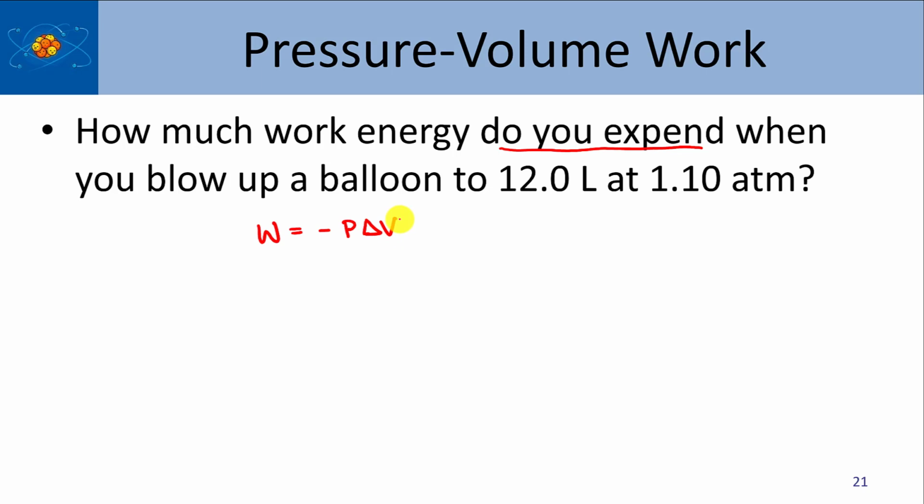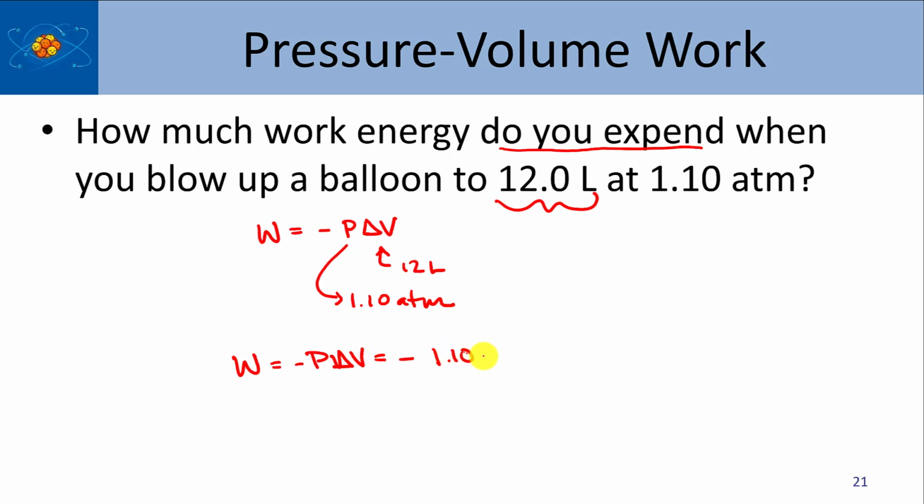Now, my delta V is 12 liters, and my pressure is 1.10 atmospheres. So this is what happens. You'll say work is equal to negative P delta V. That's going to be negative 1.10 atm times 12.0 liters.